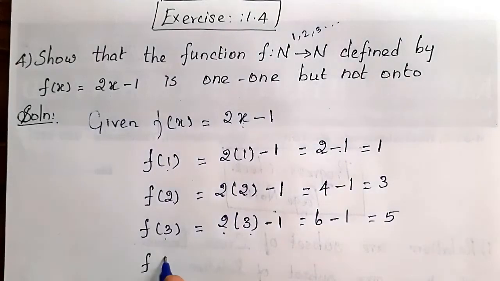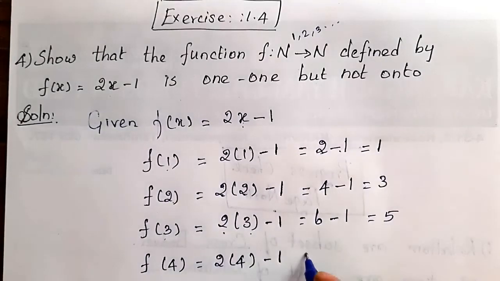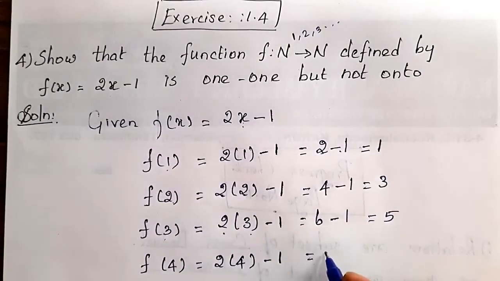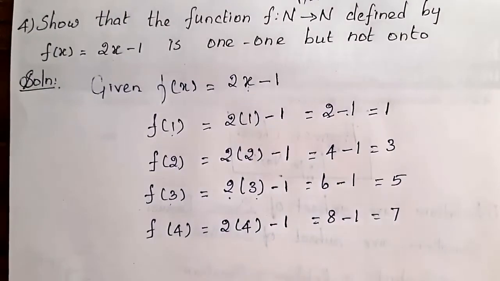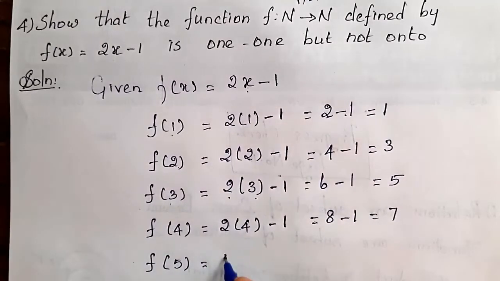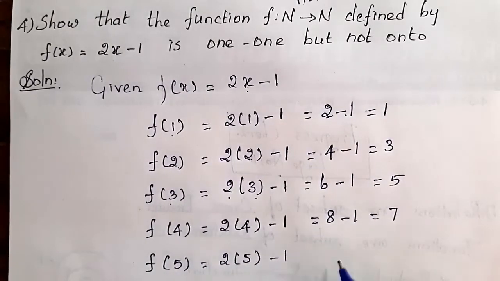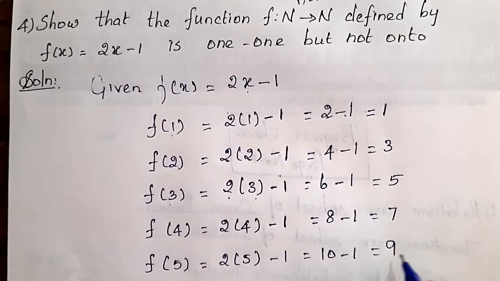Next we can find out f of 4. So 2 into 4 minus 1 is equal to 8 minus 1, which is 7. Next we can find out f of 5, equal to 2 into 5 minus 1, 10 minus 1, that is equal to 9.